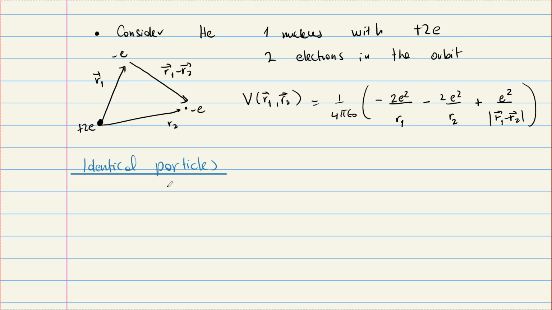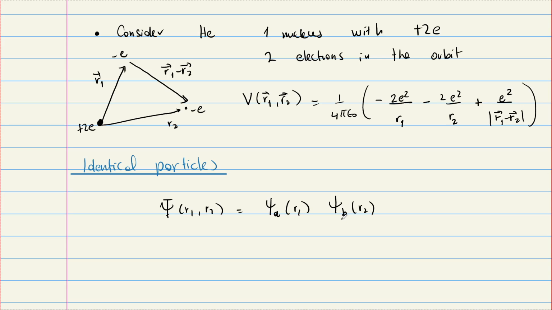Even if you don't want to forget, you can put stamps, you can mark them, and then there's distinguishability in the classical world. And when I say this wave function psi of R1, R2 is a product of two, what I mean is that the first particle is in the state psi A of R1, and the second is in the state psi B of R2. I can say that.